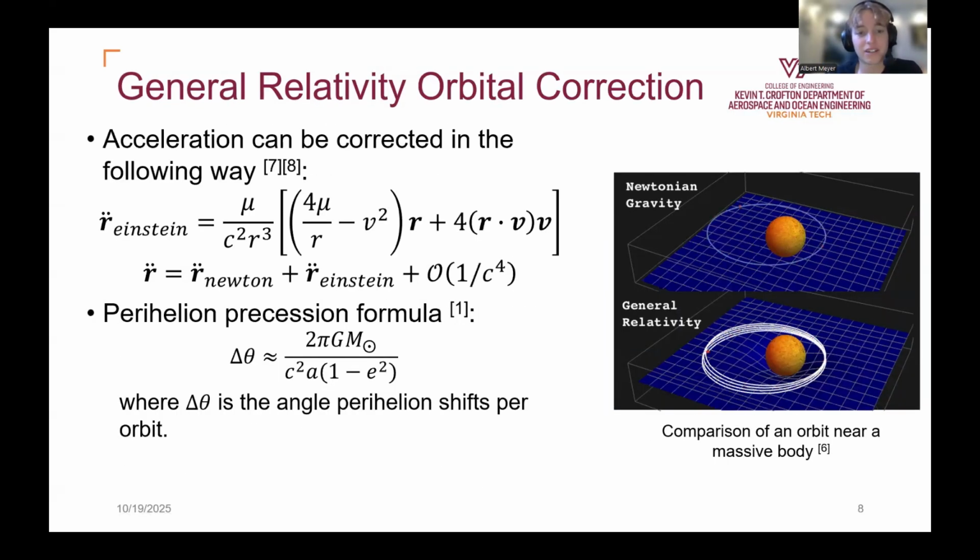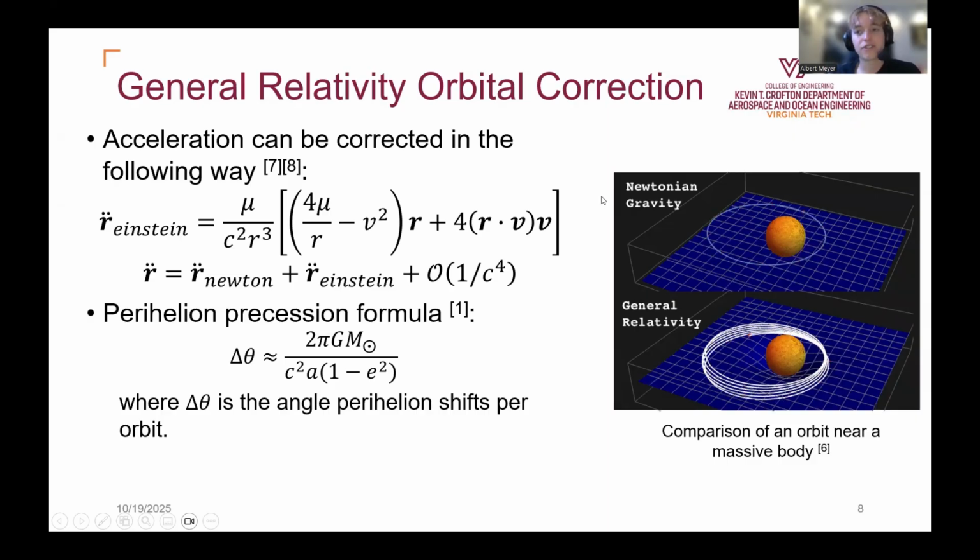So what does this mean? Now, these are some key equations that can be derived from general relativity. I will not be doing that in this lecture. I'll leave that to Dr. Fitzgerald. I believe that he will be giving a lecture on that at the end of the year. But nonetheless, I will show them to you here. This first equation is the correction term for acceleration.